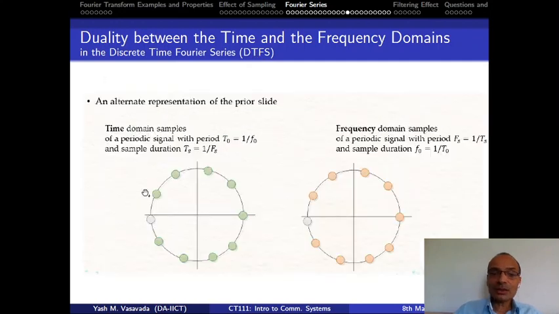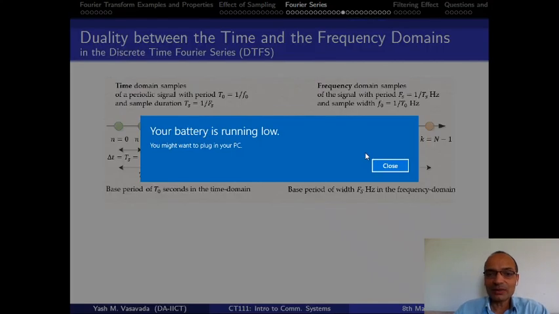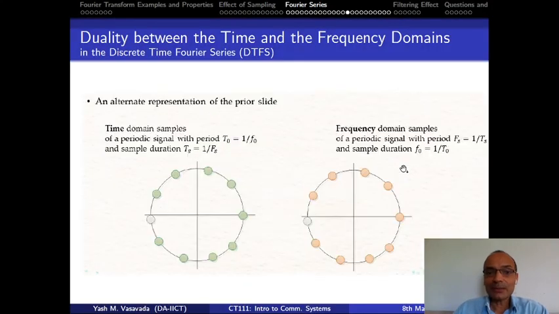When we use the FFT function of MATLAB, we are actually doing DTFS. By the way, I took this periodic nature of time and frequency, and like what has been suggested by Sir Roger Penrose, I turned it into a wheel over here.